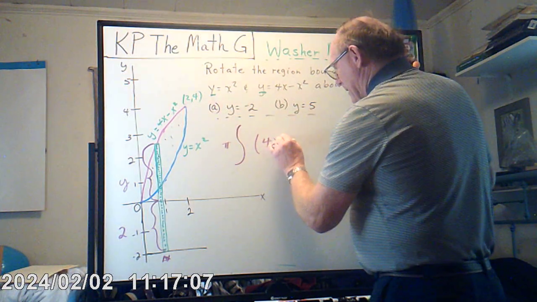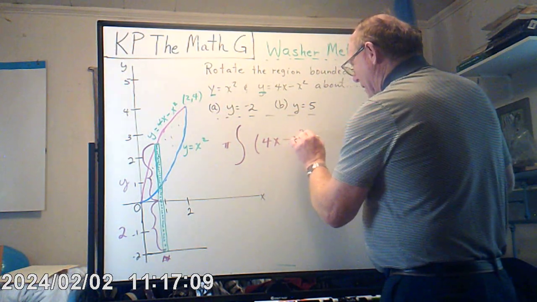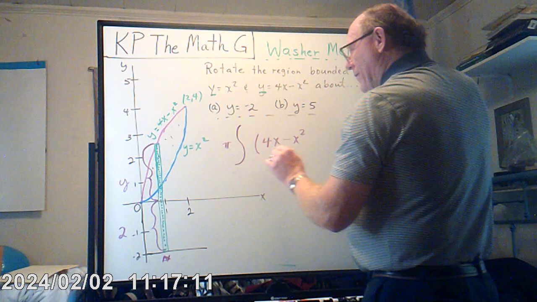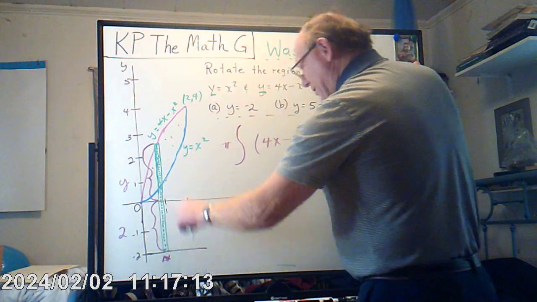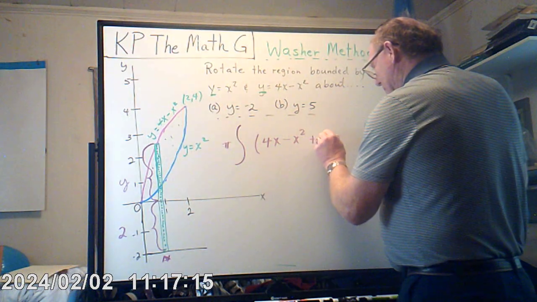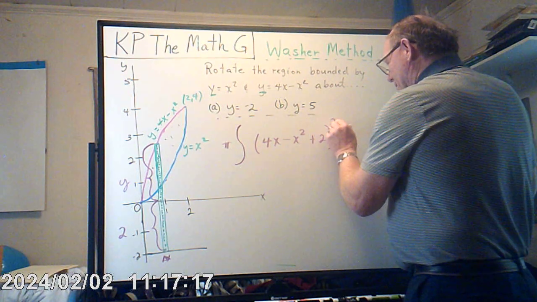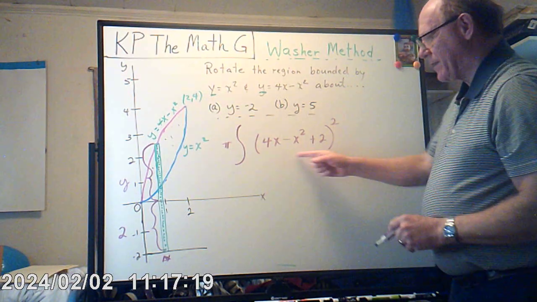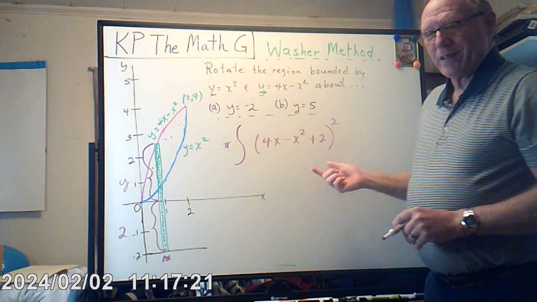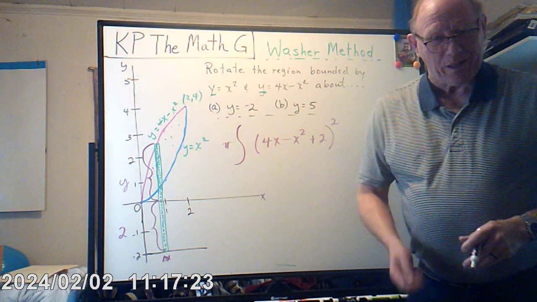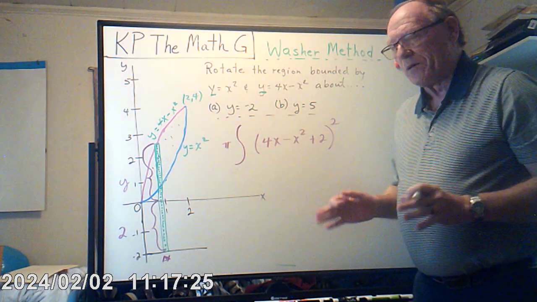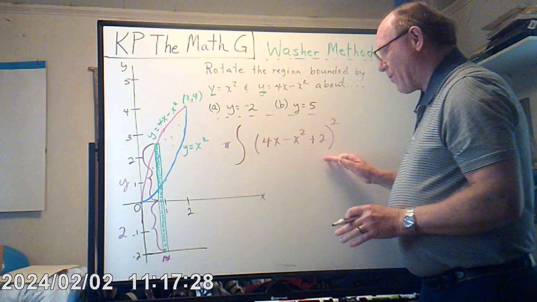4x minus x squared, and then, of course, plus 2, and we're going to square the whole thing. You can imagine if we squared this, we're going to have several terms, and that's why I just want to set it up for you.